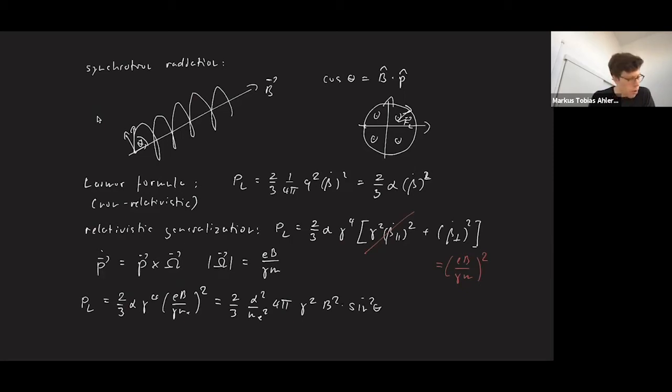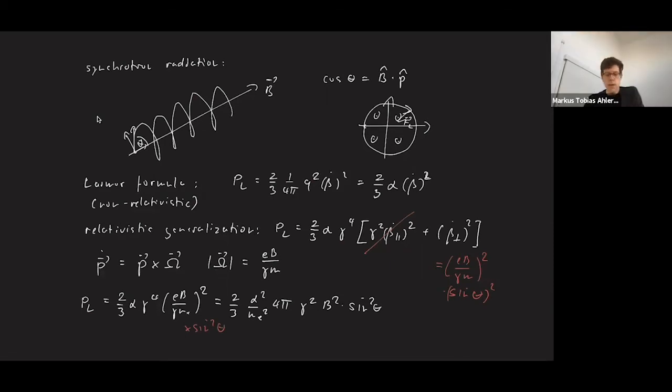I forgot to include the pitch angle. So this acceleration here is of course projected in the orthogonal direction. So that means there is an additional factor sine theta squared here, and the sine theta squared term should also appear here. So this is the reason why this appears at the end.